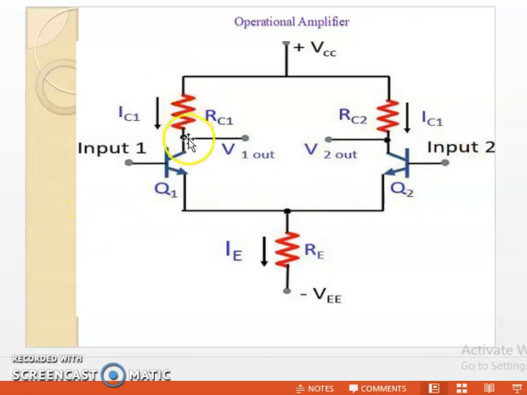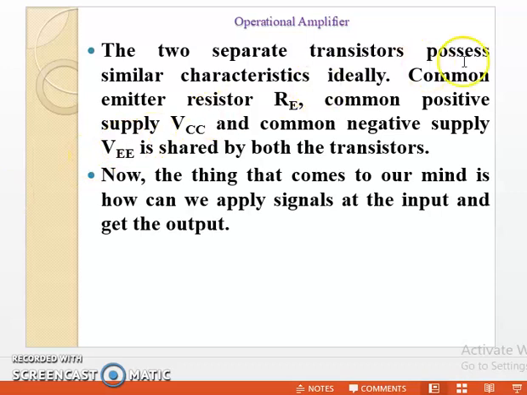Here this is the collector resistance of the first transistor, the collector resistance of the second transistor, and this is the emitter resistance. It is common to both the transistors Q1 and Q2. In this way, the two separate transistors possess similar characteristics. Ideally, the common emitter resistor RE, common positive supply VCC and common negative supply VEE are shared by both the transistors.